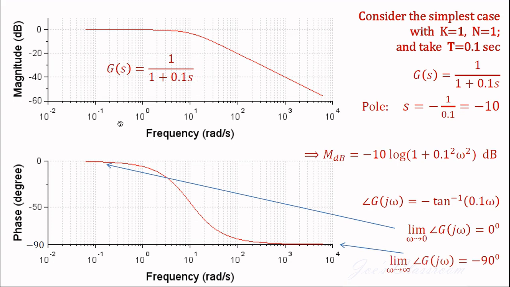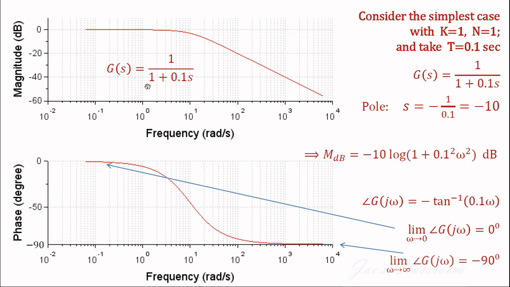Here also we got a horizontal straight line in one, and in the other we got an inclined straight line. The magnitude plot was an inclined straight line. But here the major difference is it is not so. It is not a straight line here, both magnitude and phase plot.